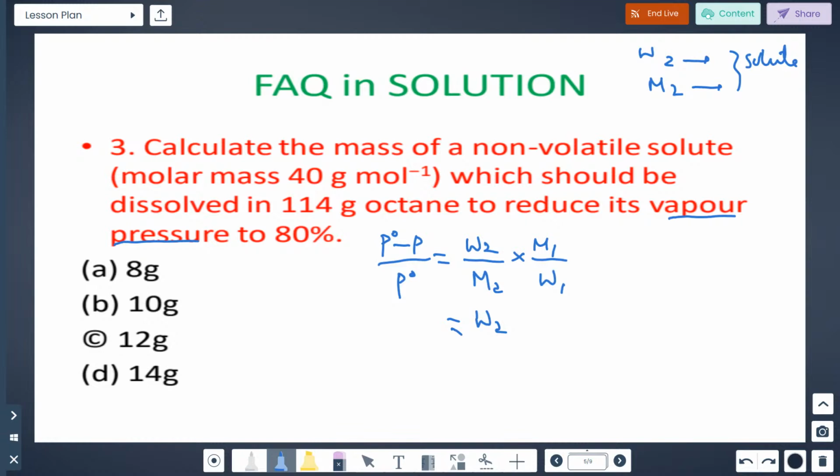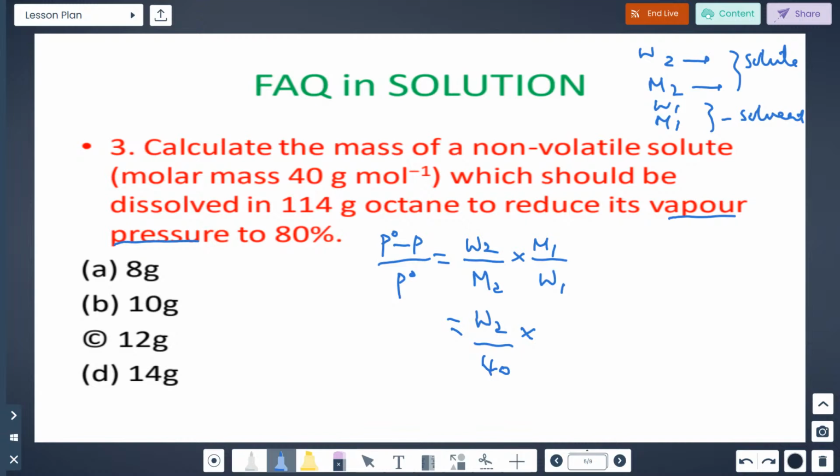Its molar mass is given. So what? 40. Understood? Then 1 is nothing but 1 and all. So suppose W1, M1, these are all we consider as solvent. You following? This you must know. Then only it will be easy to solve the sums.